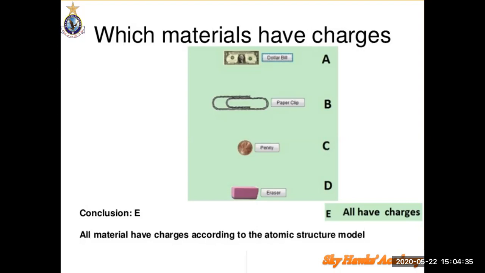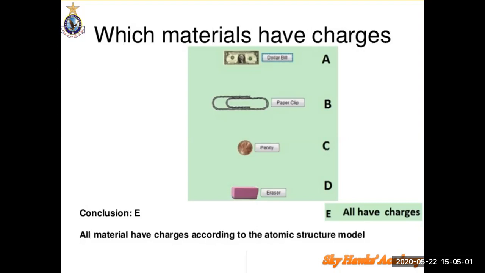Each atom contains electrons, and when we do a little maneuvering, it will definitely get the electrostatic charge. All materials have charges according to the atomic structure model, because according to the model it has the electrons also.